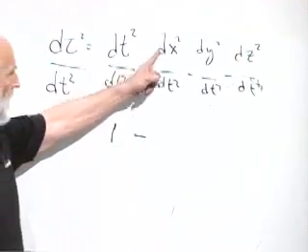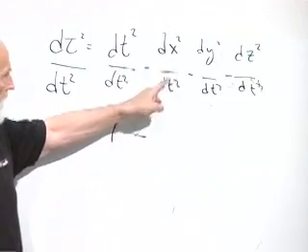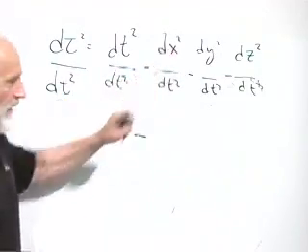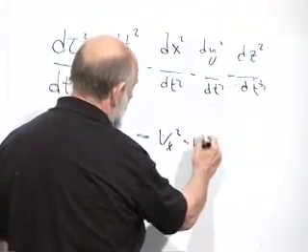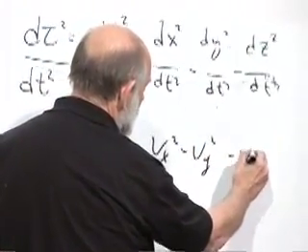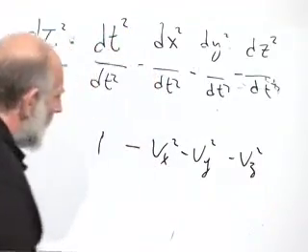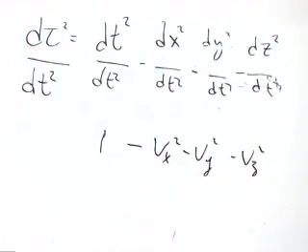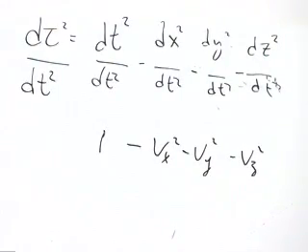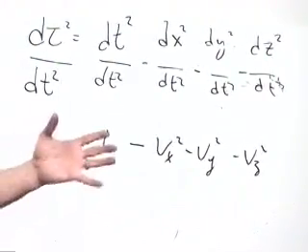minus, now what is this? This is dx by dt squared. That's vx squared. This is vy squared. And this is minus vz squared. But what's vx squared plus vy squared plus vz squared? That's just the magnitude of the velocity of the particle.